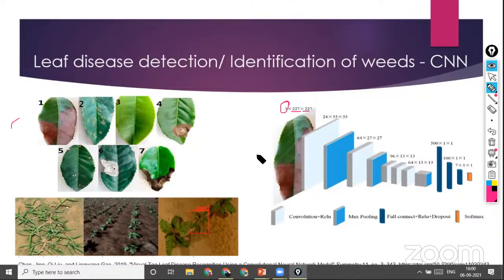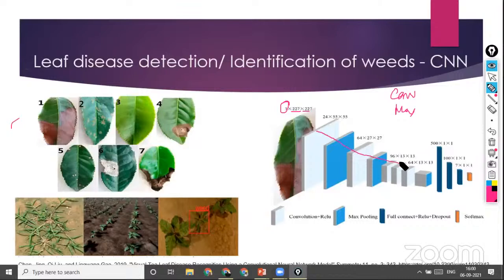You pass the entire image as it is to your convolutional neural network model. The convolutional neural network is based upon 2 techniques: the convolution operation and the max pooling operation. Based on that, it learns from your image.